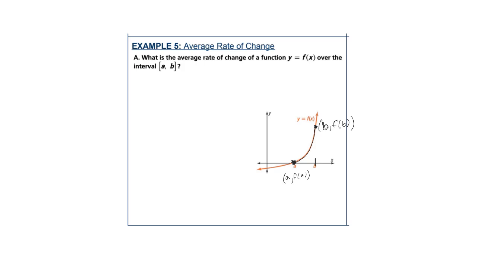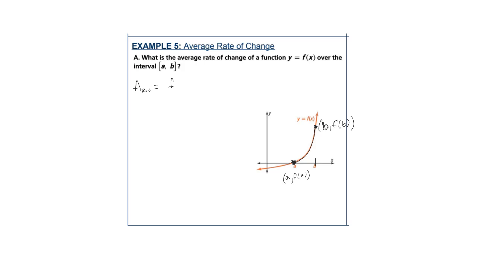All right, now our formula to find the average rate of change. So average rate of change, what we do is our function y equals f of x over the interval AB.